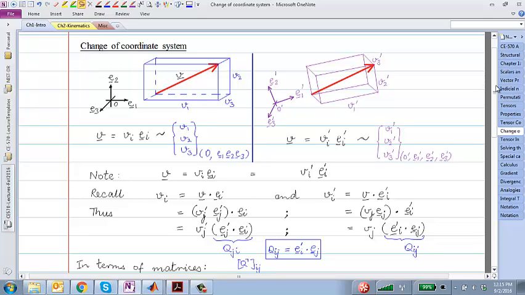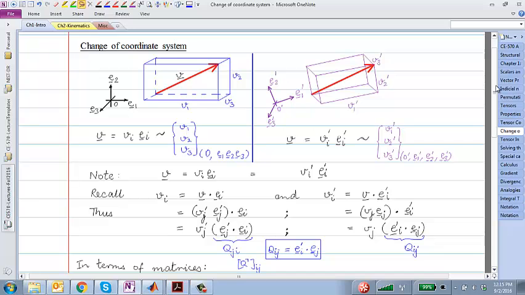So there is this big difference: a tensor is a physical quantity that takes a set of vectors to another set of vectors, whereas the Q matrix that we're talking about doesn't do that. It just takes these 3 numbers to a set of different 3 numbers.